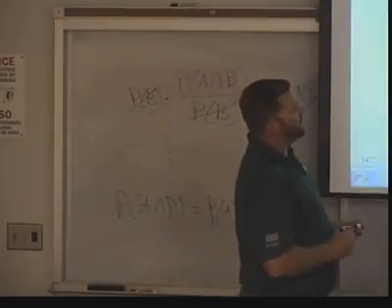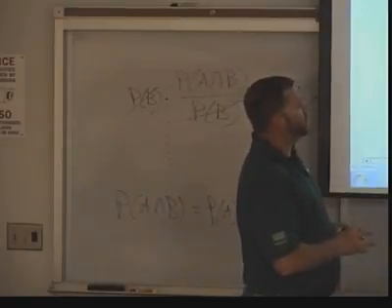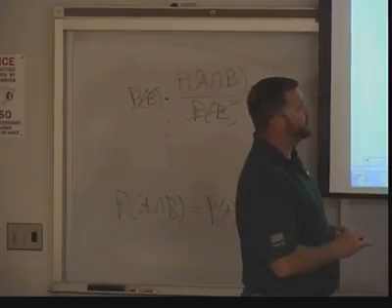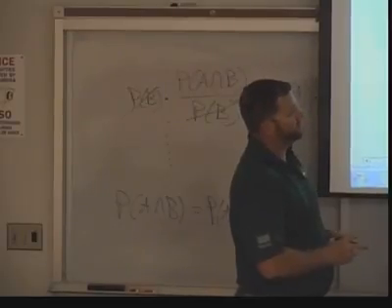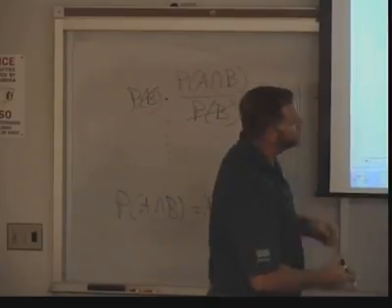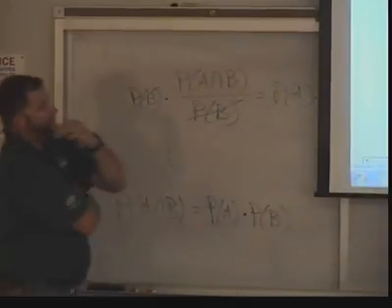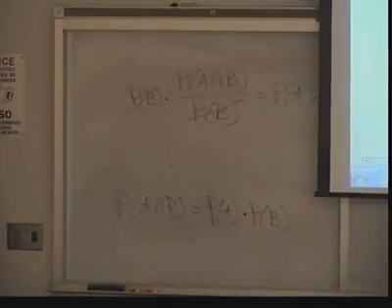Then the probability of the intersection of A and B equals the product of the probabilities of A and B. So the probability of the intersection is just the multiplication of the two probabilities.